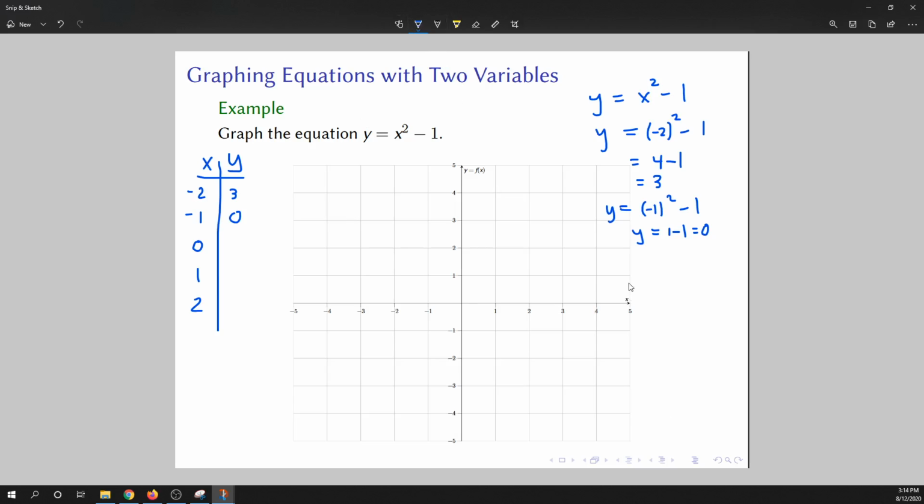All right, then I plug in the 0. And 0 times 0, 0 squared is 0. 0 minus 1 is -1. Now plug in the 1 for x into the equation. 1 squared is 1, so I get 0.